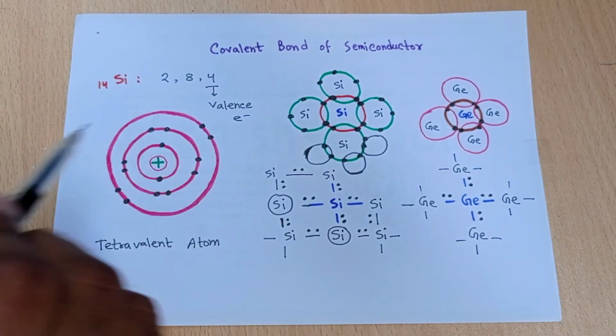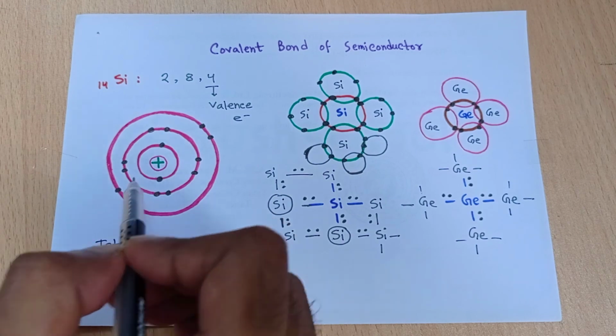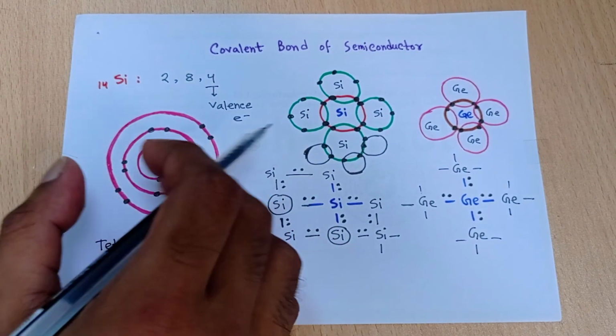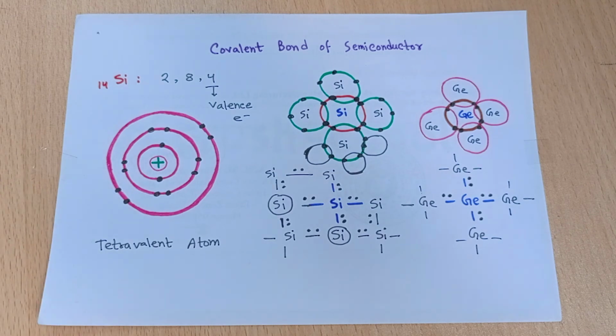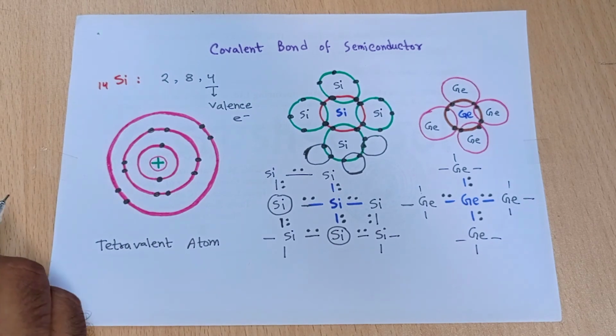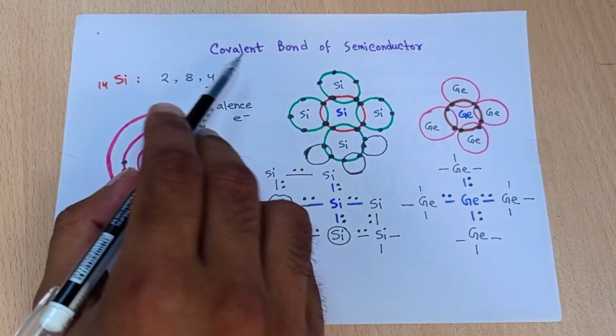Okay, this is actually four. So these four electrons are called valence electrons, and these valence electrons do not donate, and do not receive any electrons from the outer shell or any other atom. So these four electrons work by sharing with another atom and making the covalent bond.